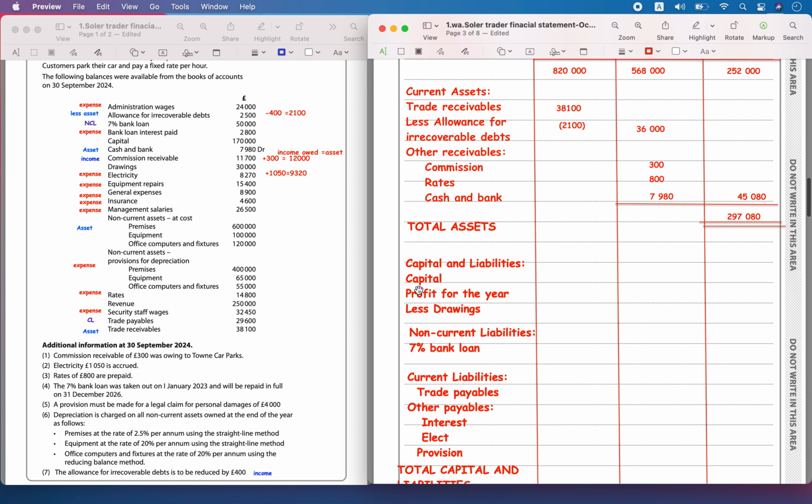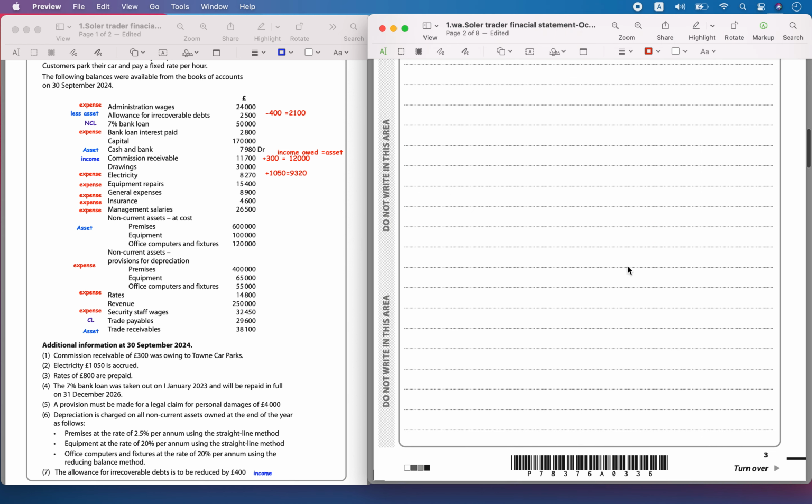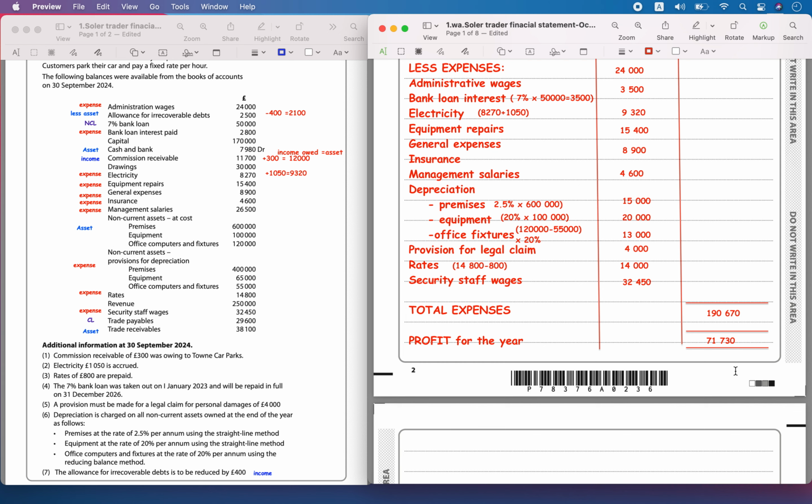Now let's calculate the capital and liabilities. Capital was around 170,000, so let's write that. Then the profit for the year, which we had already calculated, was 71,730.